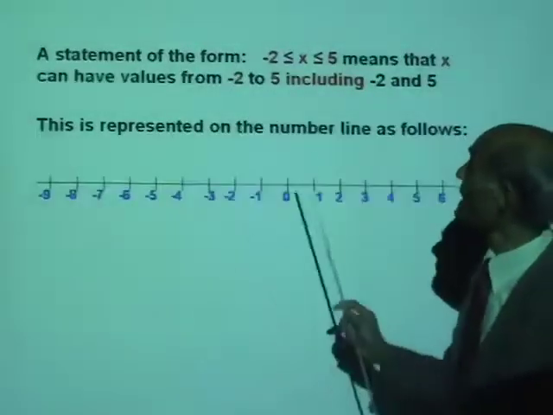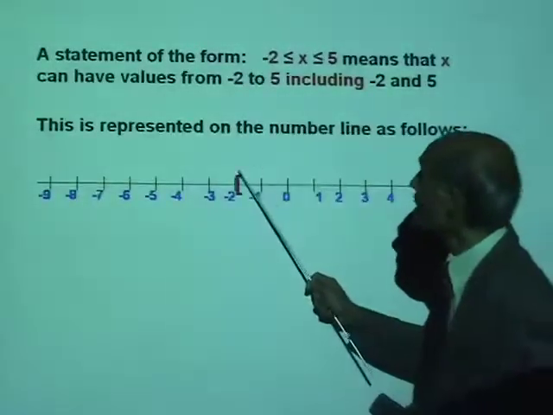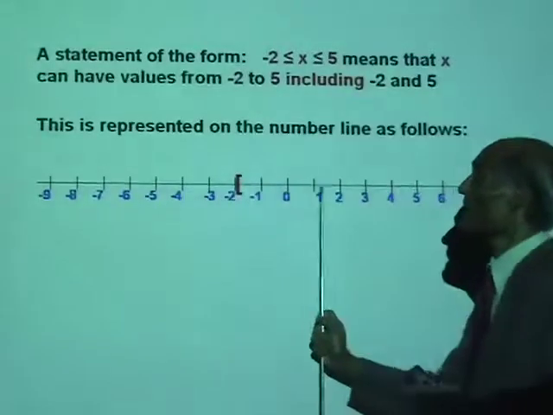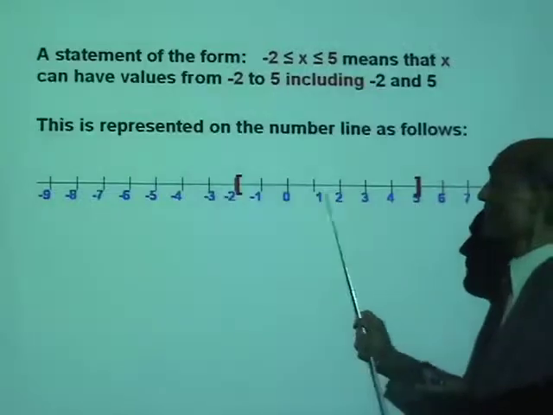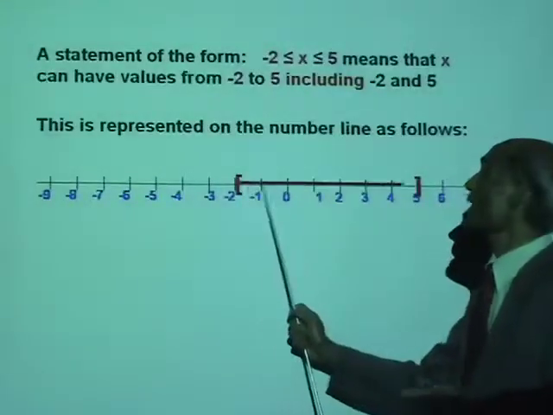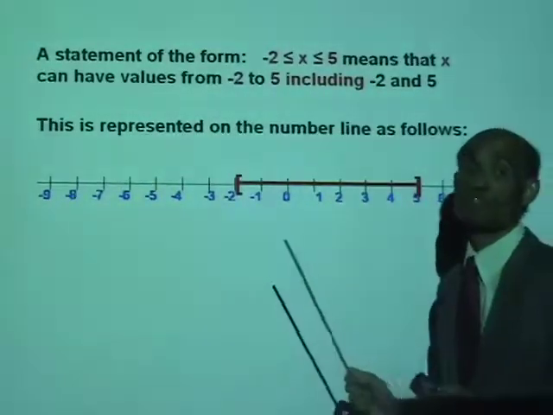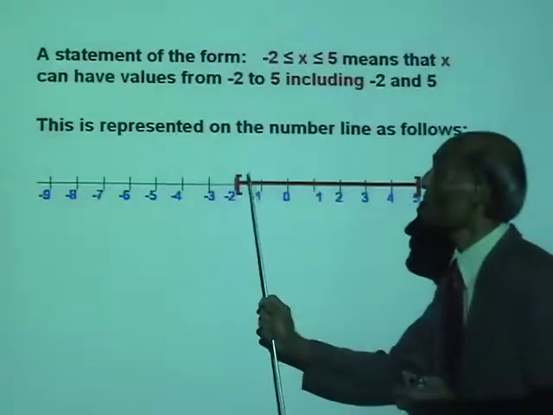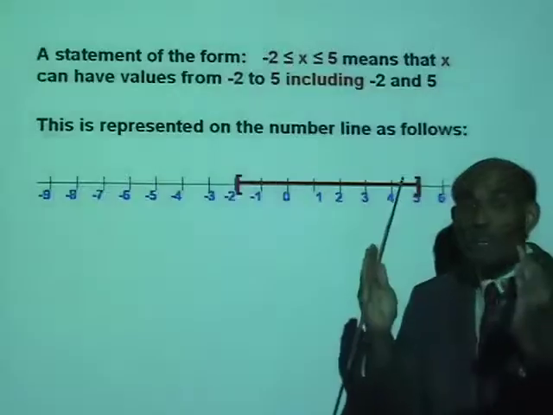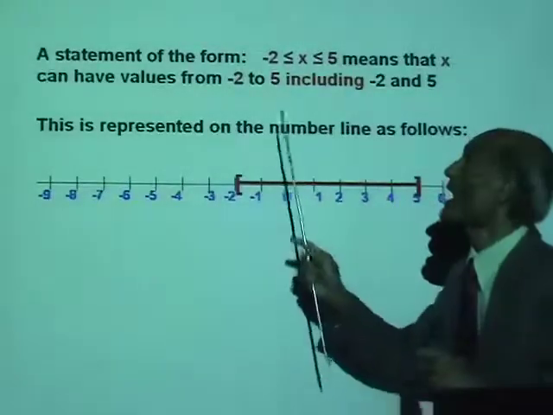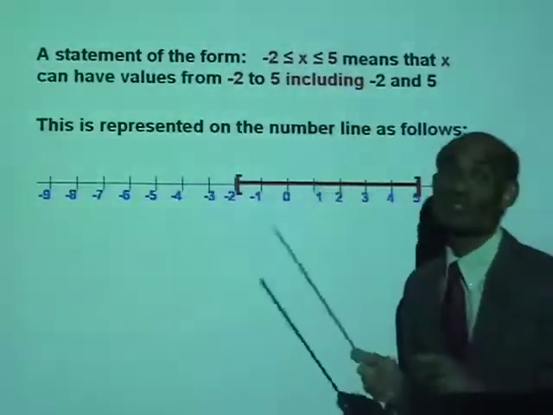So on the number line, I will have a square bracket on negative 2 facing right, a square bracket on 5 facing left, and I'll put a line in between. So all numbers from negative 2 to 5, including the end numbers, are part of the solution.